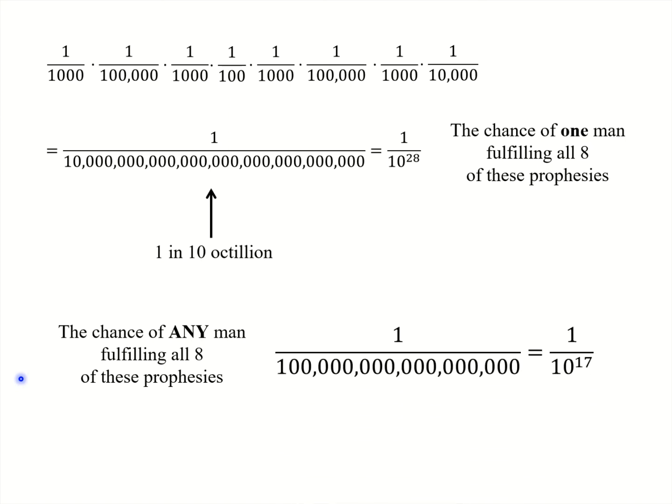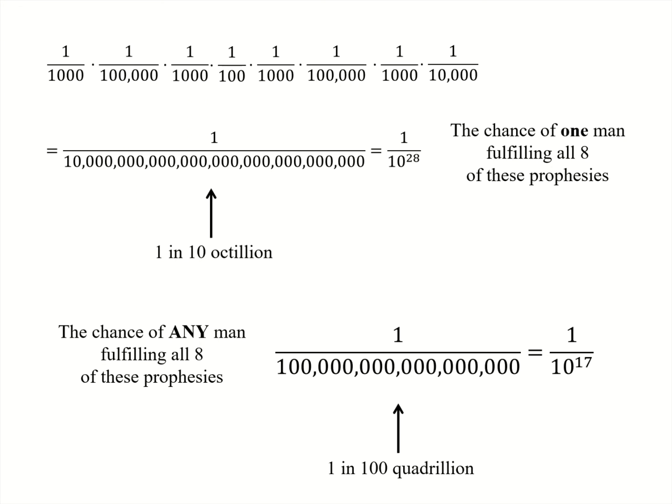And that's going to be 1 over 10 to the 17th, which has a name, 1 in 100 quadrillion. And that is a conservative estimate. This probability should be 1 over a bigger number than 100 quadrillion. Okay, so it should be more unlikely. Let's go see what 100 quadrillion is.